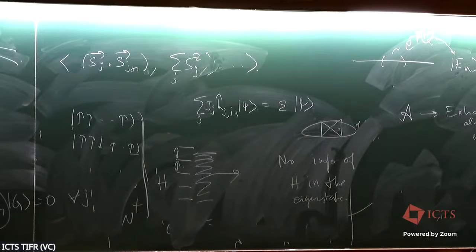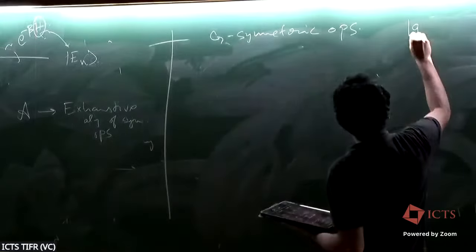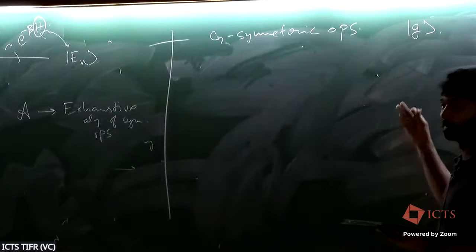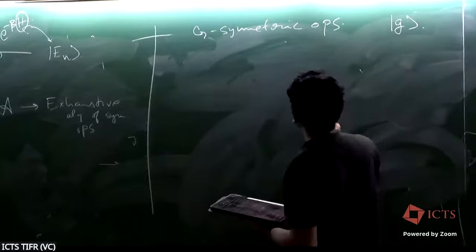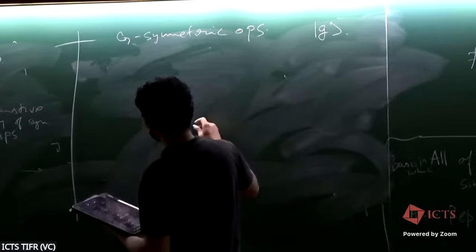Okay, so suppose you want to do this for G symmetric operators. You can write down a Hilbert space which is just composed of group degrees of freedom, which I think you have seen earlier in this conference.